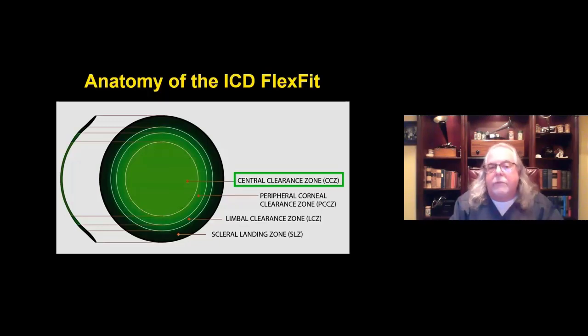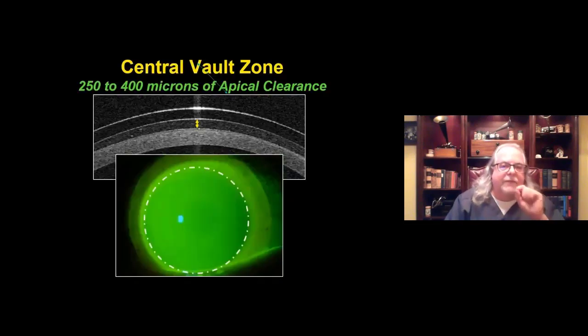Now we're going to do that by starting out at the center of the contact lens, and we're going to look at the amount of central vault that we see beneath the lens. Now we're targeting 250 to 400 microns of apical clearance.